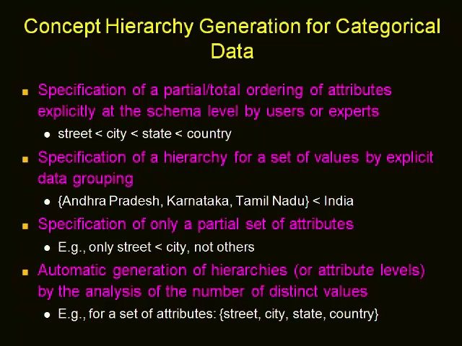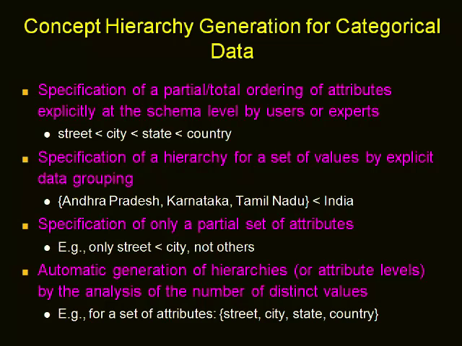In the third method, a user may specify a set of attributes forming a concept hierarchy but omit to explicitly state their partial ordering. In such a case, the system generates the attribute ordering to construct the concept hierarchy. For example, only street precedes city, not others. So in such situations, we should have a mechanism to automatically generate the concept hierarchy by analyzing the number of distinct values.